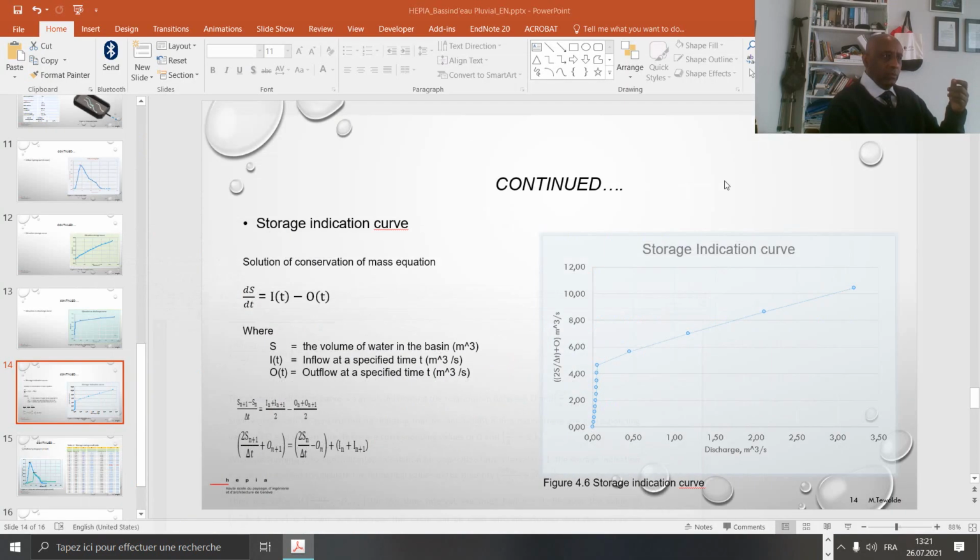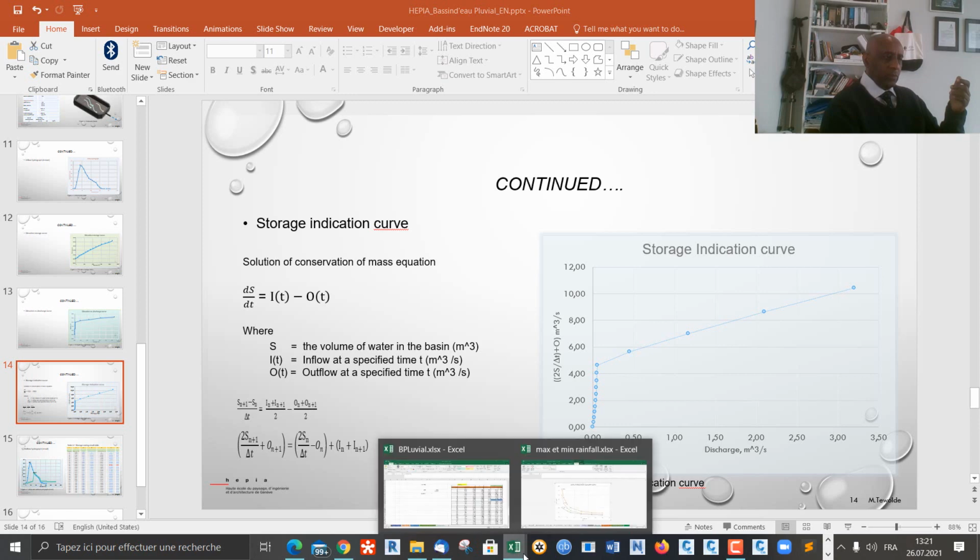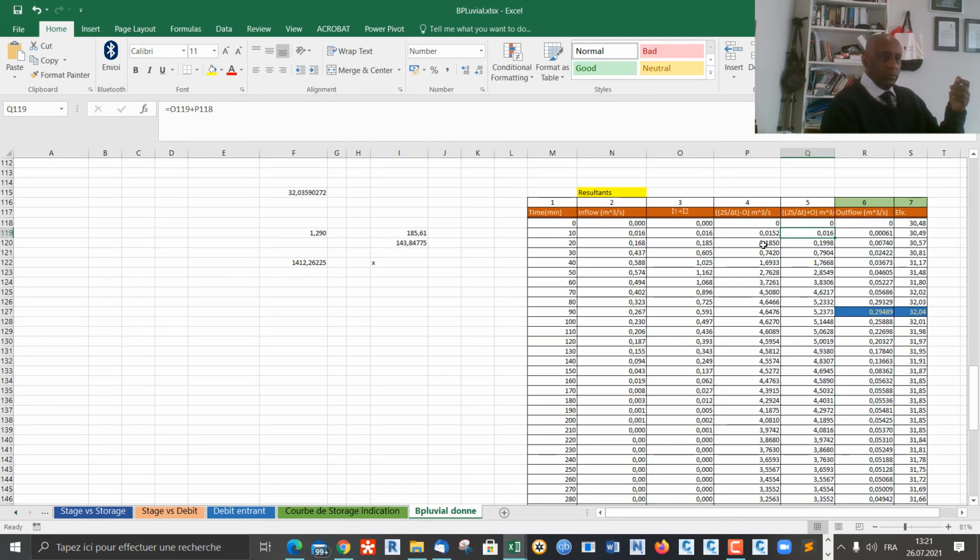So similarly, we continue in the same manner to calculate the whole table, all the rows calculated just like that. This one, 2 times the outflow, minus this one will give us this one. See, this one is 2S over changing time minus the outflow.